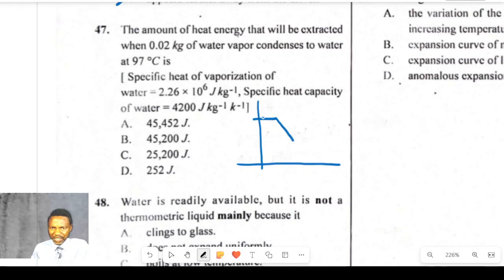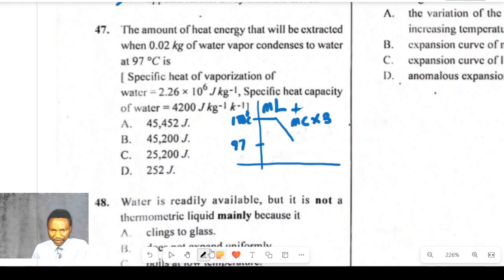So we have the heat given out here at the boiling point, 100 degrees Celsius. The heat given here is MC times 3, which is 100 minus this, and here is ML. So you just add the two together.